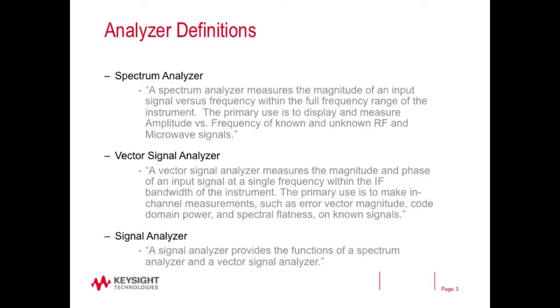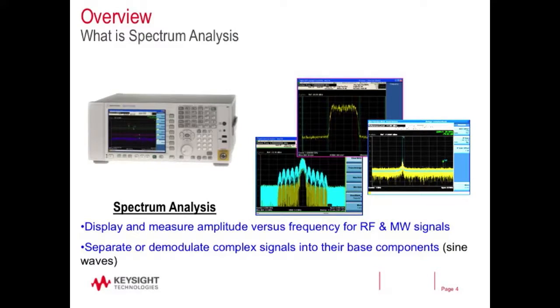Just to tie together some of the concepts from the last presentation, here we see a CW signal as represented on a signal analyzer or spectrum analyzer. You can see a single tone, then you see the skirts here, and this is just the noise floor of the instrument. Here we're looking at what seems to be a digitally modulated signal.